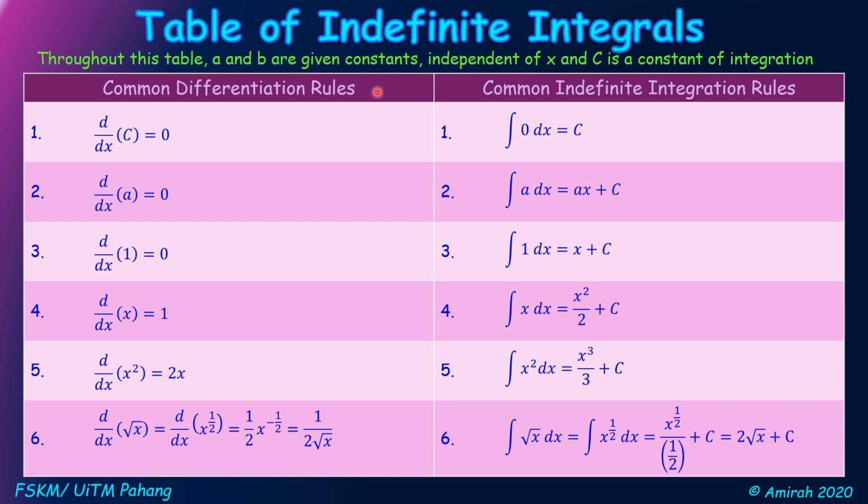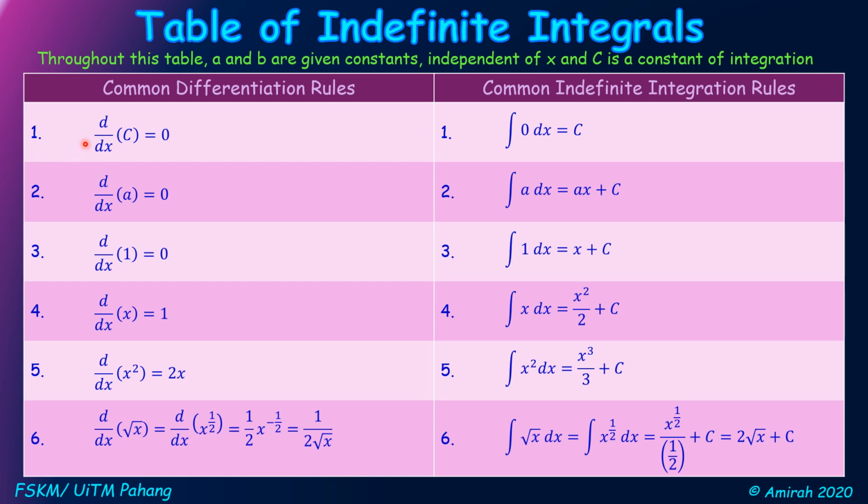We restate part of that list here to stress the relationship between differentiation and integration. This list will also be useful as a glossary of common integrals as we learn. The left column shows common differentiation rules, and the right column shows common indefinite integration rules.